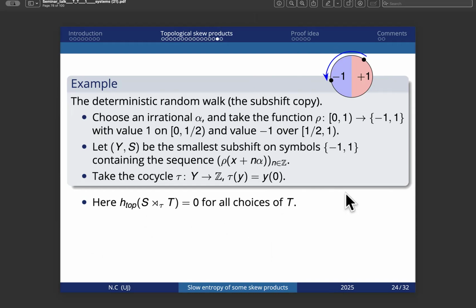This is related to the fact that this function rho has 0 mean, like 0 integral with respect to the Lebesgue measure, right? And then the same will be true on the subshift copy, which is uniquely ergodic and isomorphic to the irrational rotation. And the copy of the function rho, which is tau, also has 0 integral with respect to the new measure, and one can use that to prove this.